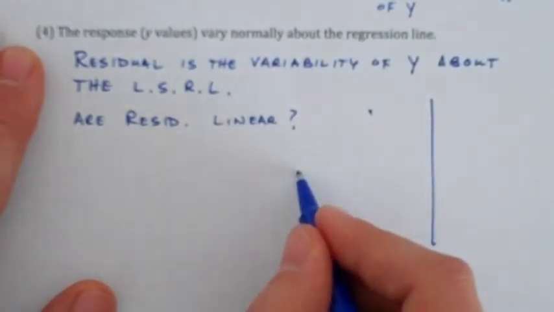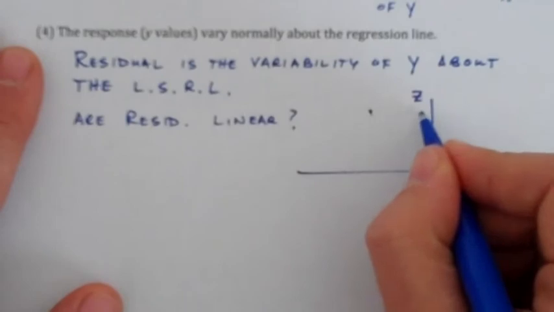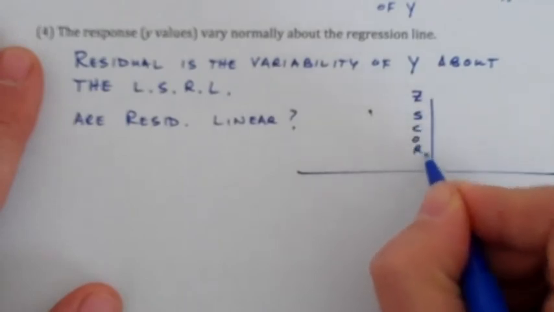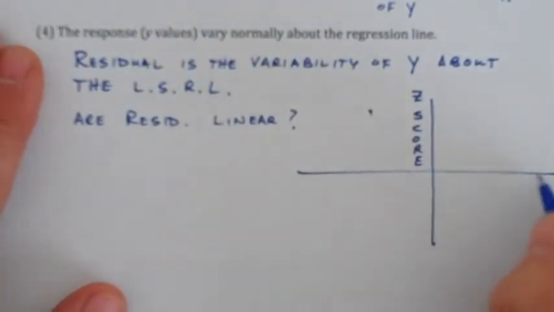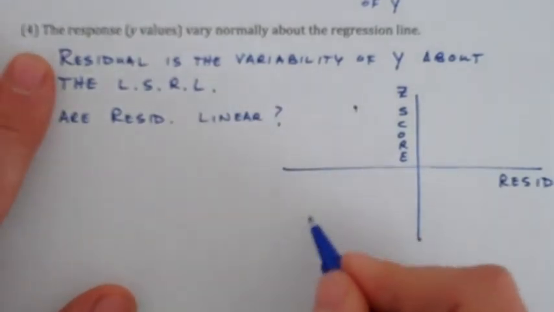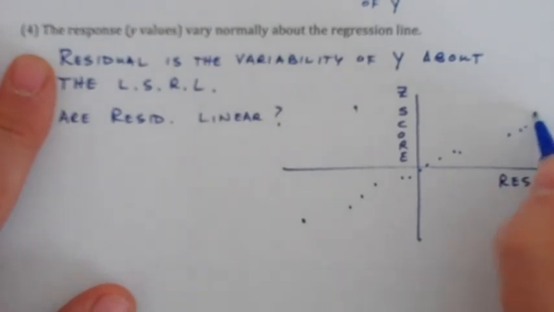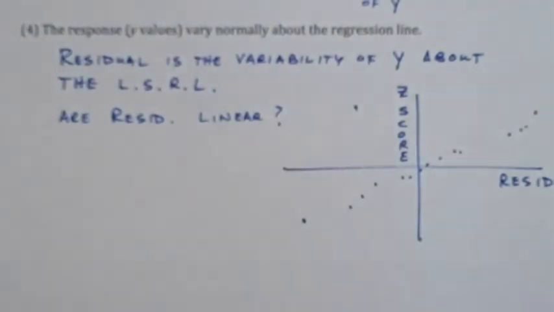So, draw a sketch where we note that this is the predicted z-score here on the x-axis, and the residuals are going to be on the y-axis, and our graph, it's not perfectly linear, but there's no clear curvature to it.